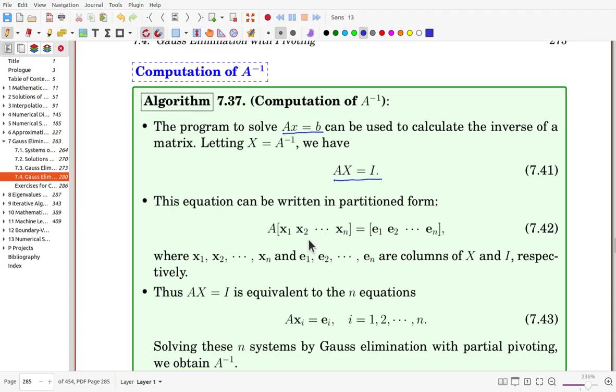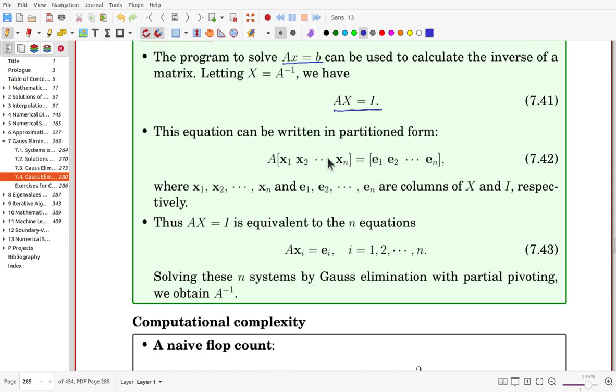Now, in detail, A times x1, the first column of X, the second column, and so on, then the nth column. Now on the right side, there's e1, e2, the unit vectors, 1 0 0 0, and 0 1 0 0, and so on. So this system of multiplication can be separated individually in this way: A times the ith vector xi equals ei.